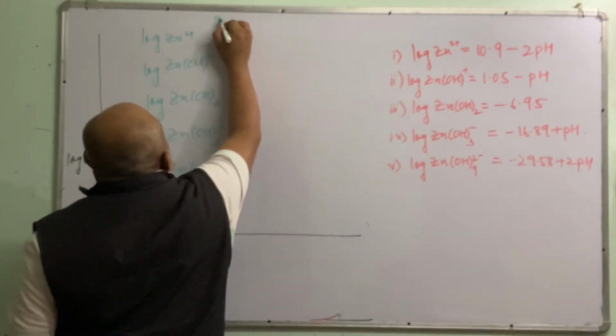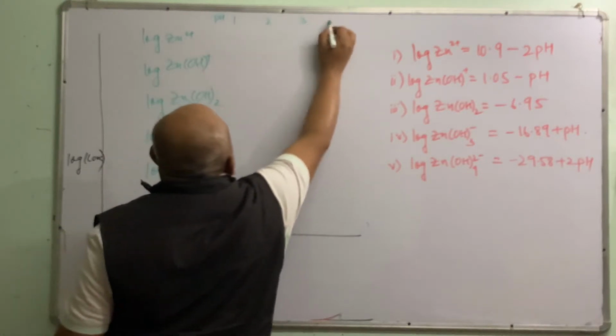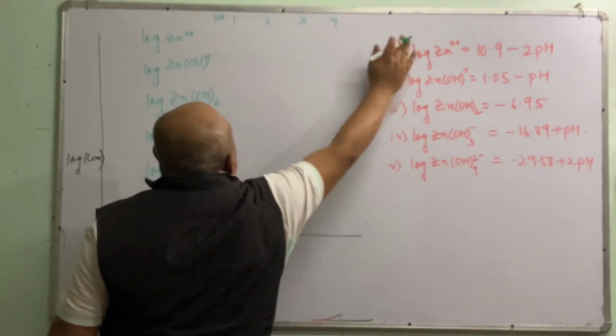And this is pH at 1, say maybe 2, 3, 4. Okay, it has to be calculated.